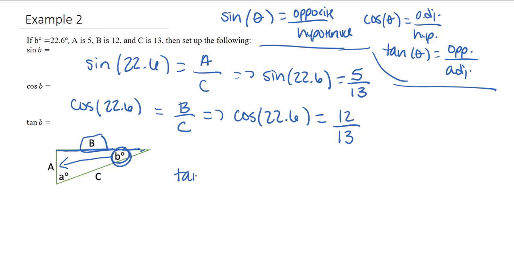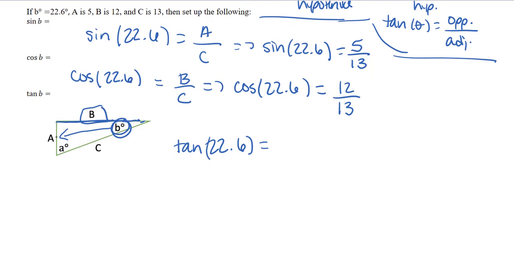And now let's do tangent. The tangent of 22.6. This one is opposite, so opposite is still A, and B is adjacent. So tangent of 22.6 is A, which is 5, over 12.